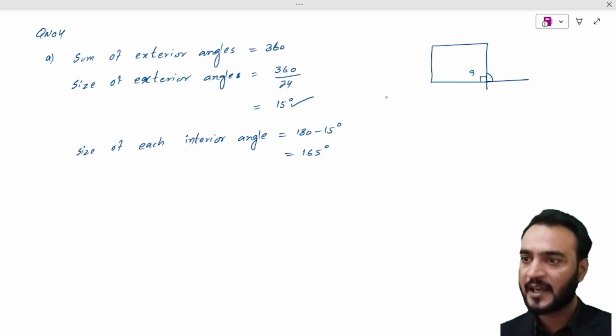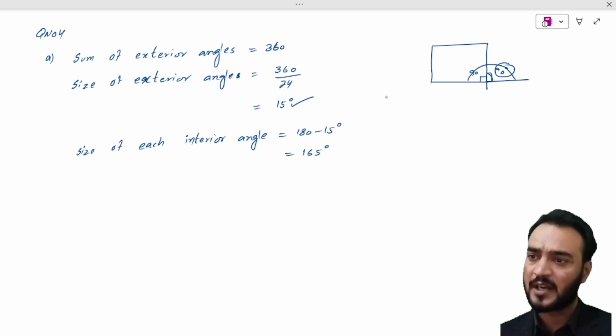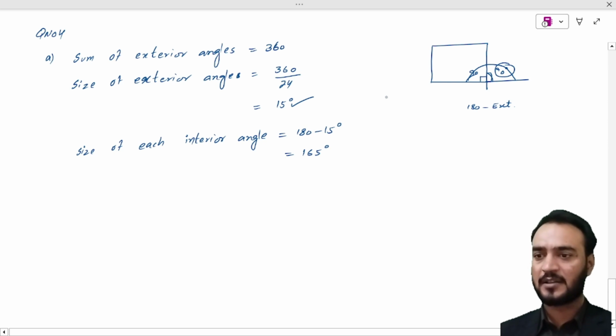If the exterior angle is, for example, 90 degrees, we subtract the 90 degrees because the exterior and interior angles consecutively lie on a straight line. The sum of angles on a straight line is equal to 180 degrees. From 180 degrees, we subtract the exterior angle to obtain the interior angle. So this is what I have applied over here.